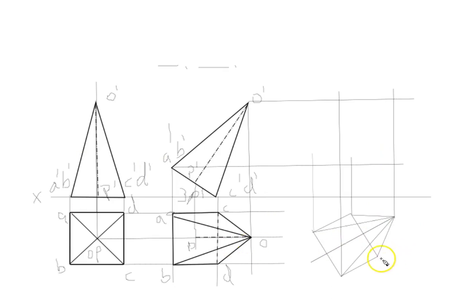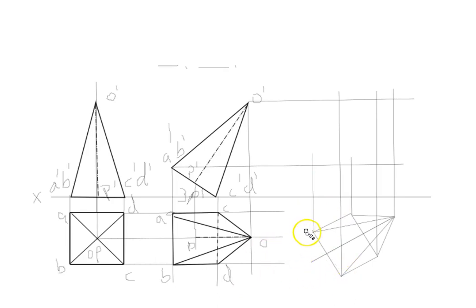So we also have this point to be drawn, and the next step is to join them. This is point A, B, C, D. So A and A will be here, so here will be one point, and correspondingly B will be, in our case, because B is here.